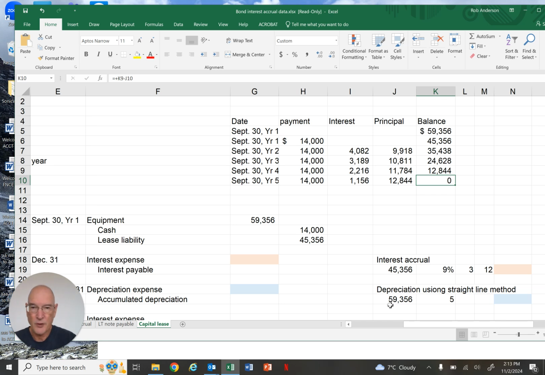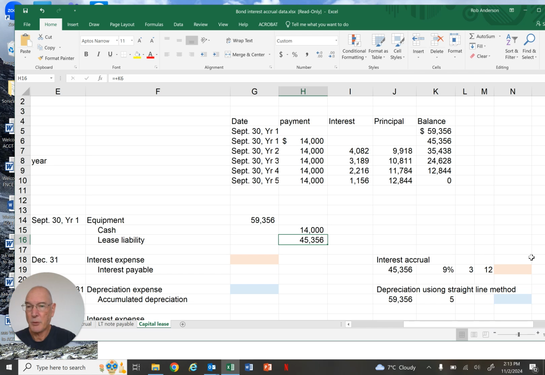Our first journal entry starts with equipment, because we leased equipment. Someone might write equipment under capital lease, but I think just writing equipment is fine. Notice it's for the beginning present value of the lease. The first thing we do, also September 30, is pay cash of $14,000, and that gives us a lease liability of $45,356.